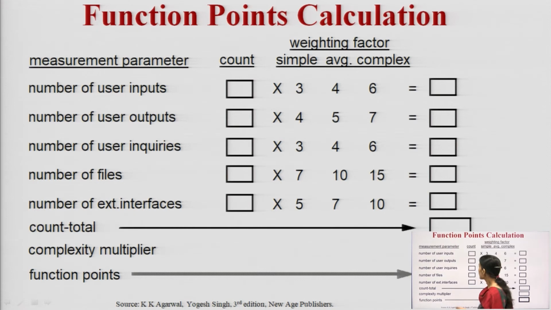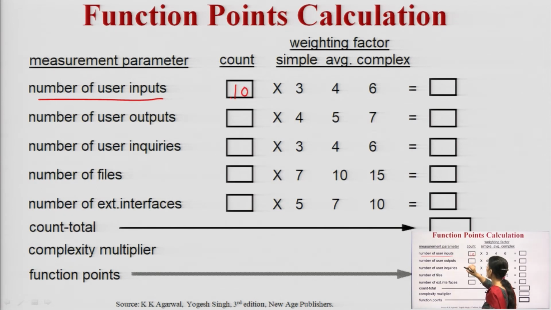This slide shows the calculation of function points. Here I have taken all the measurement parameters that I have discussed, starting with the number of user inputs. I count how many user inputs I have in my program.